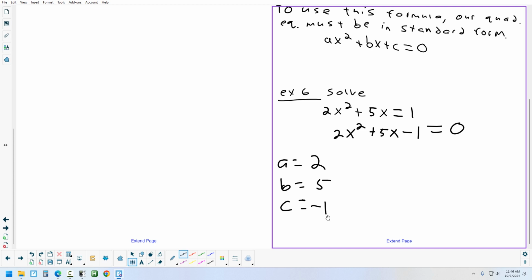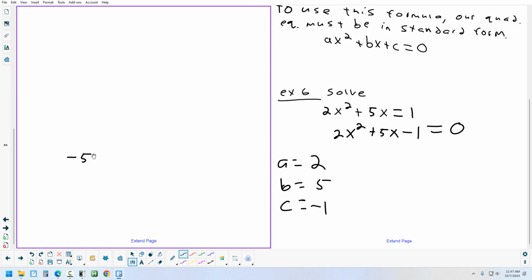Okay. Can anybody start to set up quadratic formula for me using those 3 values? What's the first thing I would put down? Yeah. Negative 5. Yep.